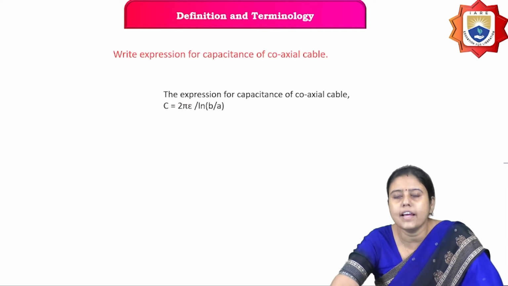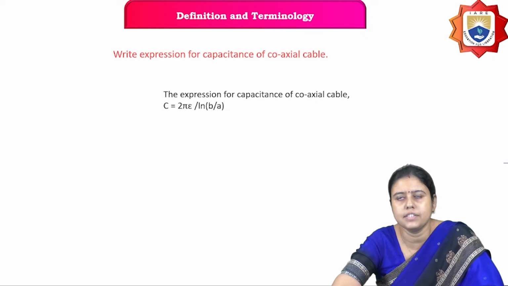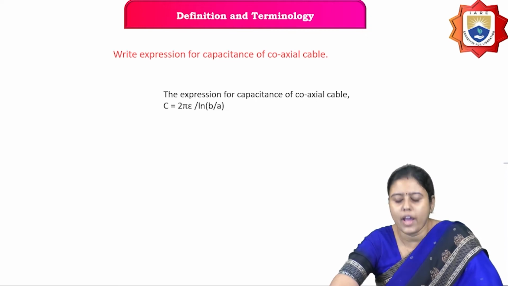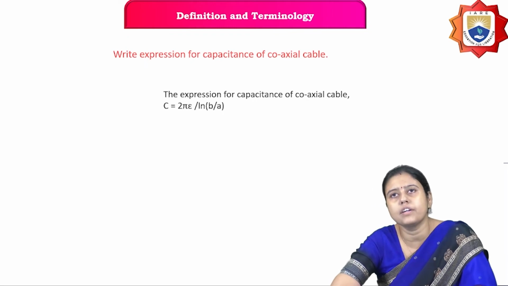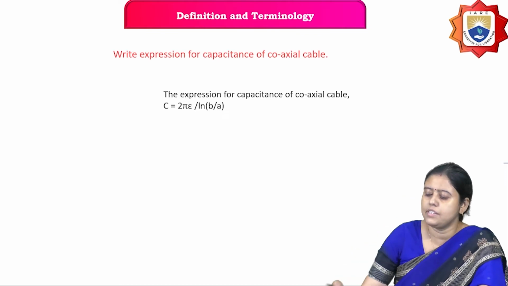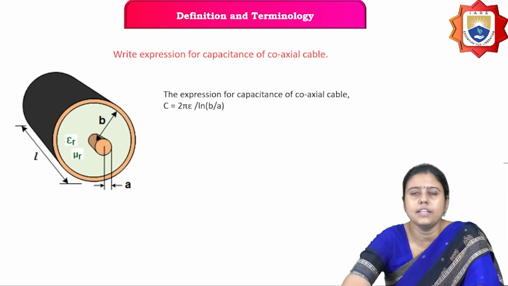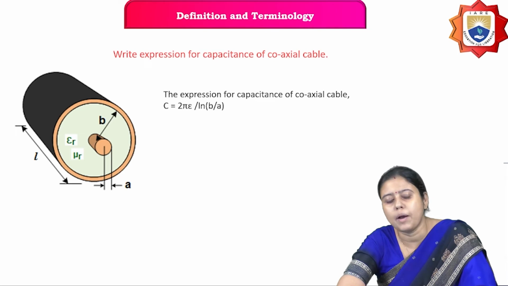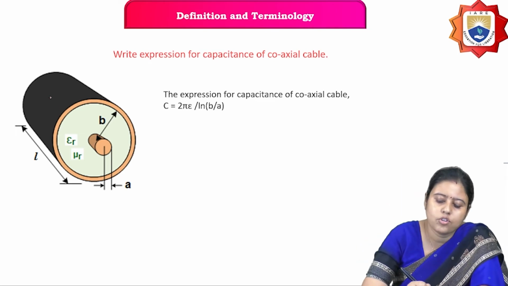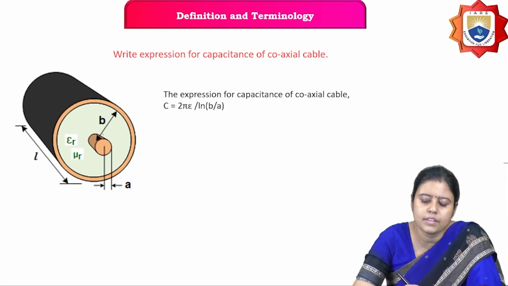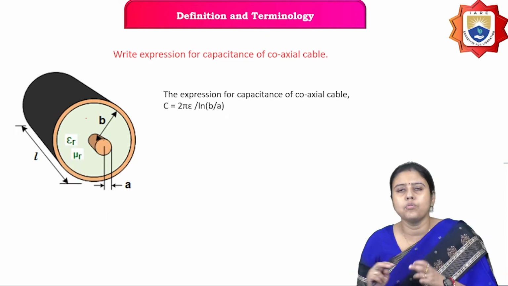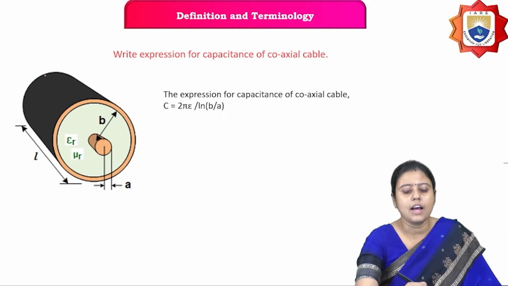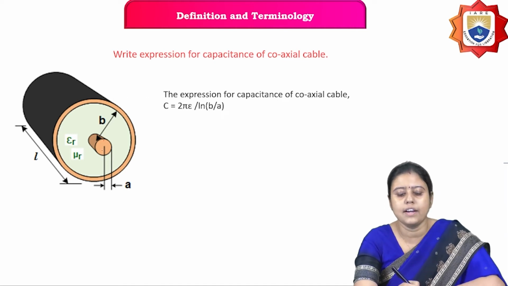Okay. Write the expression for the capacitance of the coaxial cable. Coaxial cable is a very important example of a capacitor. Here you can see there are two conductors that look like a cable: one is the outer cable, one is the inner cable.